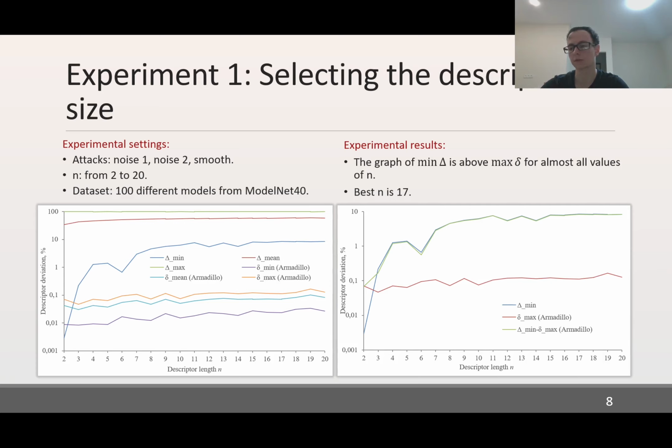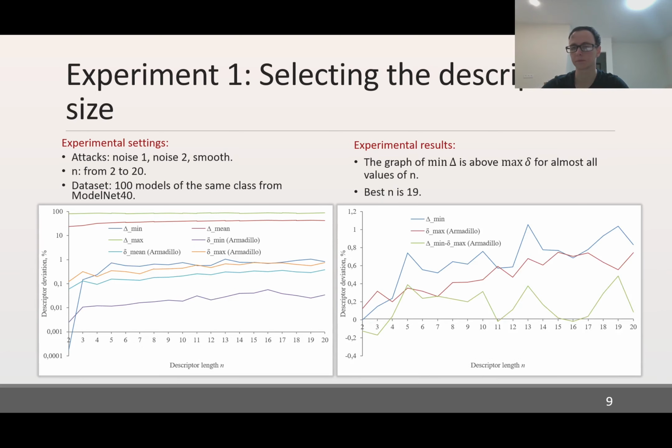It's also important to note that one graph is higher than the other, so almost all values of n can be considered acceptable. Next, we perform a similar experiment using a dataset consisting of models of the same class. Here the results were slightly worse. The graphs overlap in some places, and the best size of n is 19.